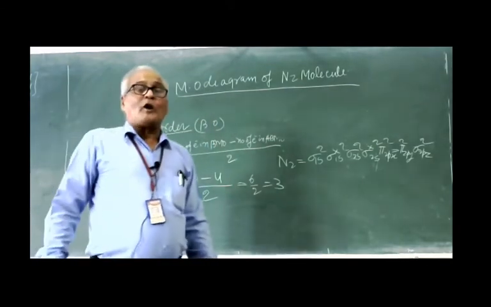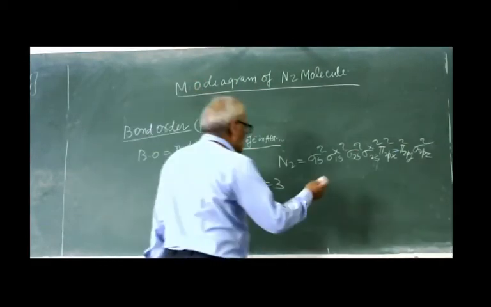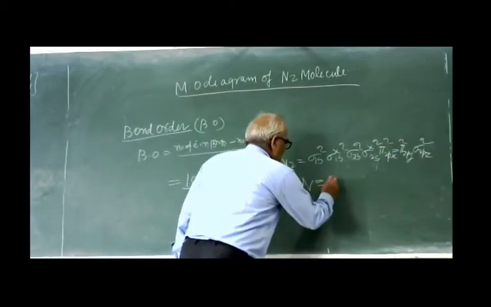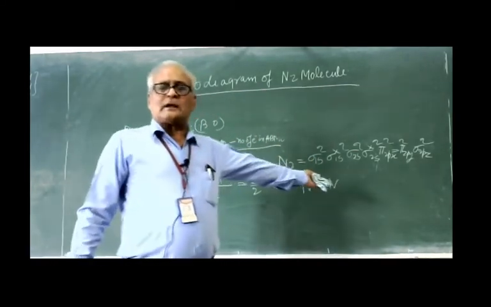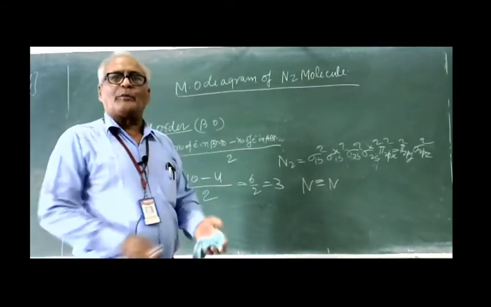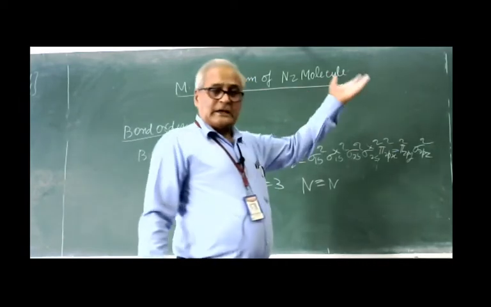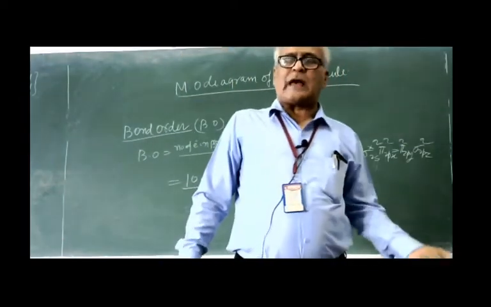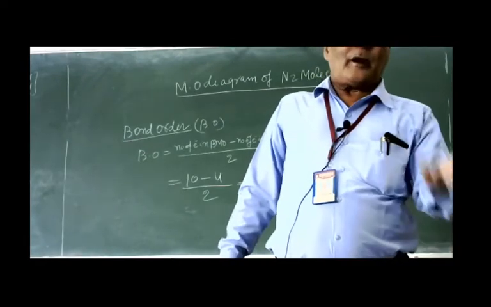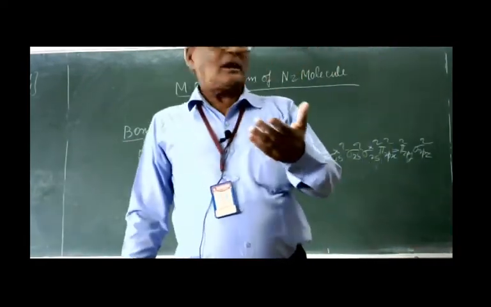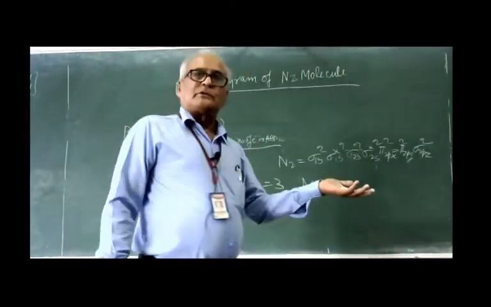So the number of bonds present between nitrogen and nitrogen atom, you already know: nitrogen, nitrogen, three covalent bonds, one sigma and 2 pi bonds. As you have seen in the molecular orbital diagram, there are 2 pi bonds, pi 2px and pi 2py, and the sigma bond, sigma 2pz.